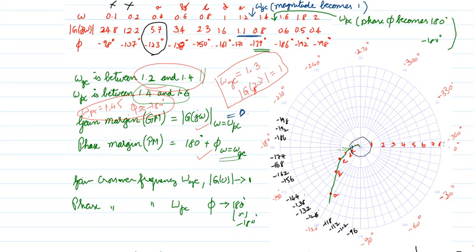This is the gain margin. The phase margin of the system is 6 degrees, because this value will be approximately minus 174 degrees. So 180 minus 174 is 6 degrees.